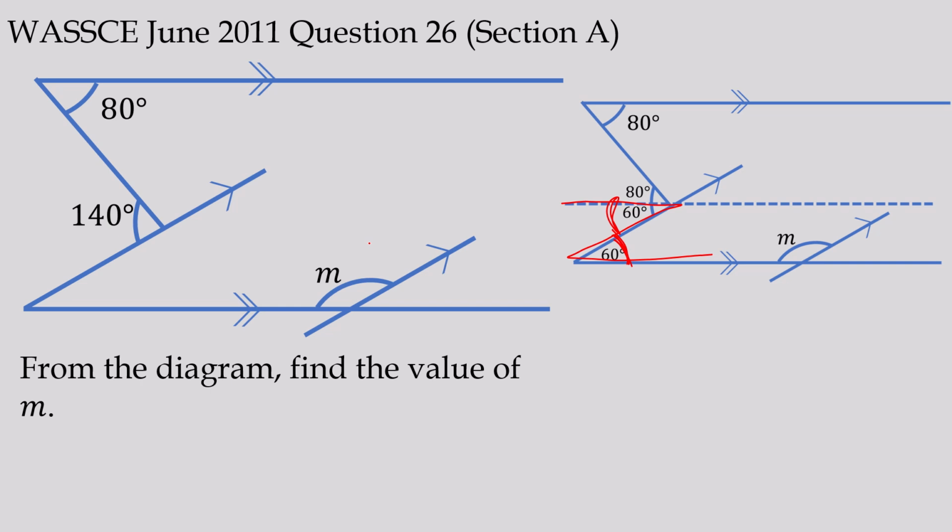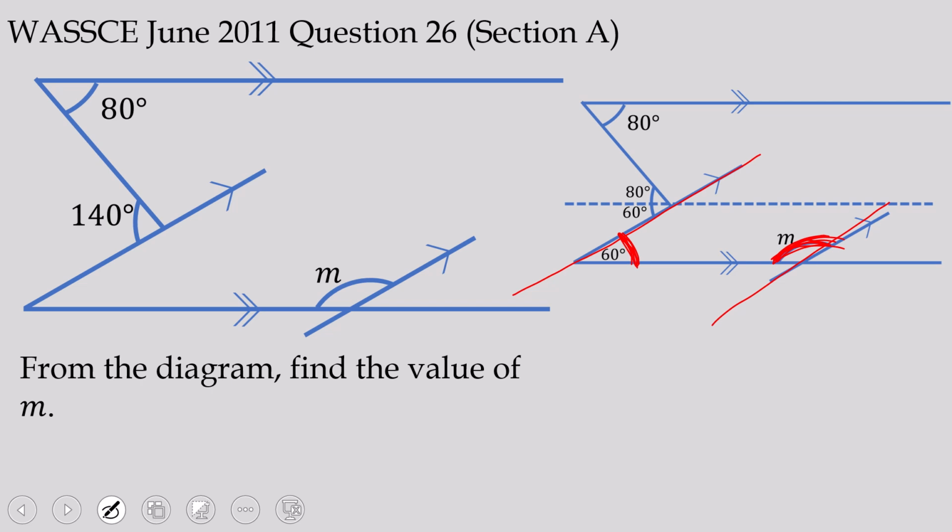And since I have this line over here being parallel to this line, it means that these two angles over here, that is this and this, are co-interior angles. So I have the 60 and the M over here as co-interior angles.